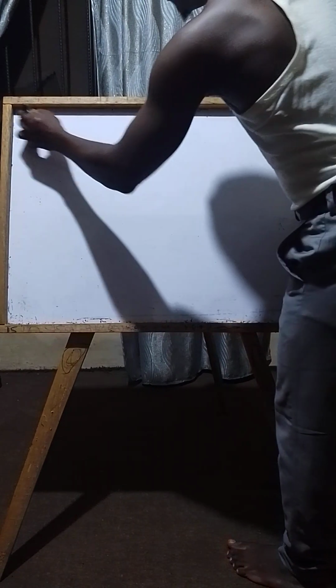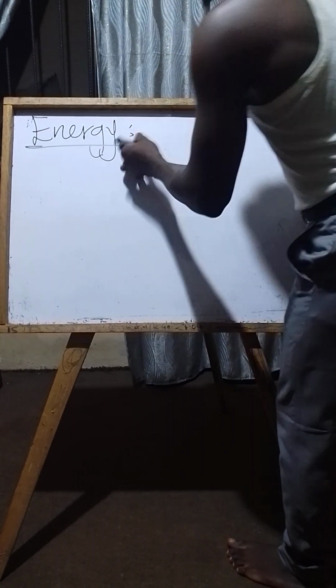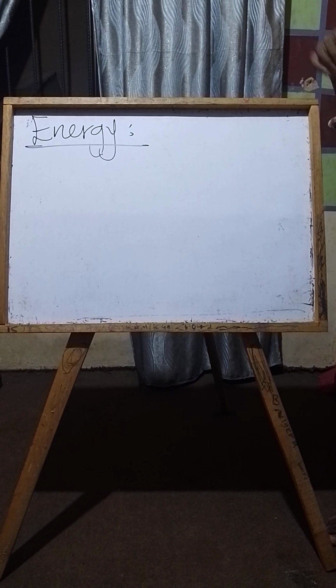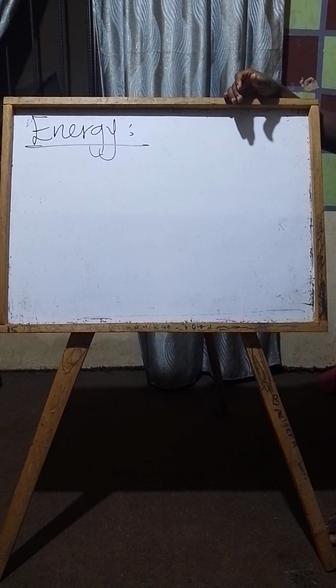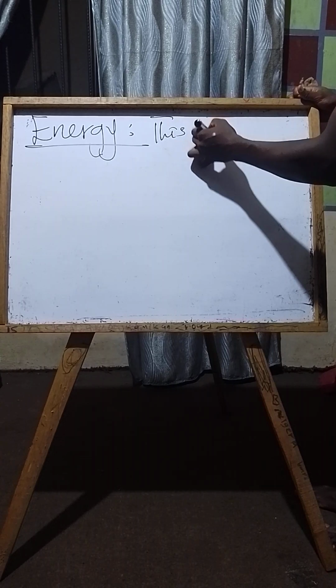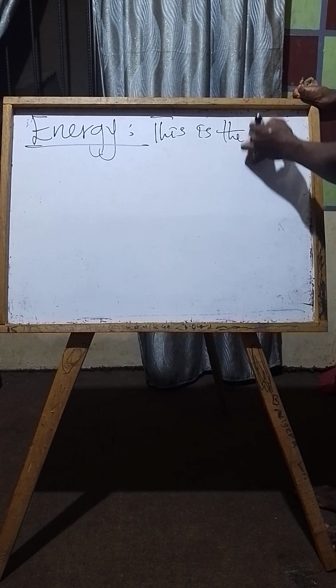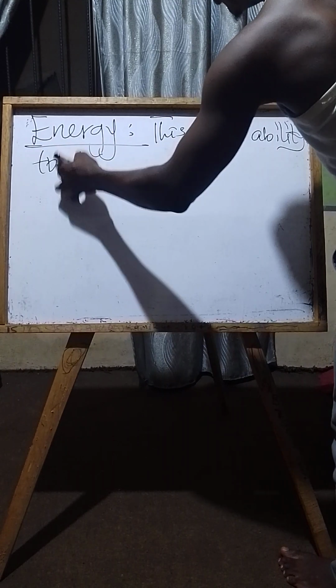Now, for energy, brother, what is energy? The ability to do work. Please speak out so that I can hear you. The ability to do work. So we say energy is the ability to do work.